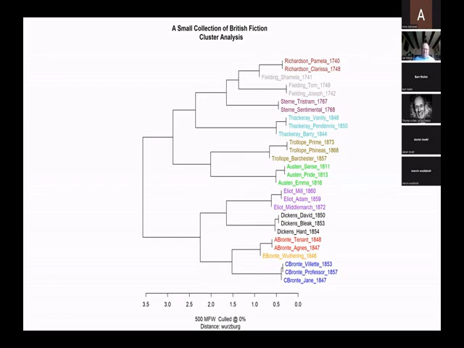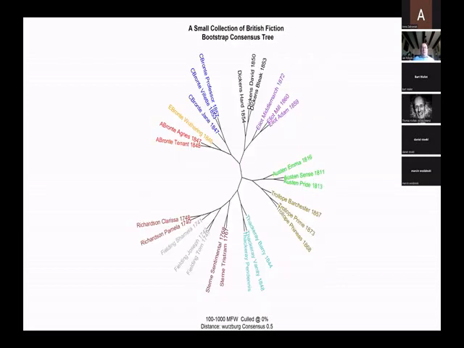Now, of course, one question is, which of those slightly differing diagrams do we take as the best one? Usually, especially if we're doing authorship attribution, you want to combine the results of as many as possible. We call that a bootstrap consensus tree, where the results of the nearest neighbor associations are brought together.